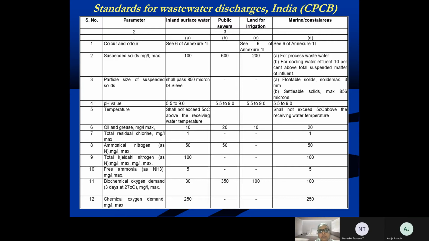So the list of standards for discharge. There are two things that I want to impress upon you in this particular slide. The first thing that I want you to remember is that the standards include standards for several different parameters, and all of them do not apply to all wastewaters. What I'm showing you here in this slide is just an illustrative example of the main wastewater standards for discharge.